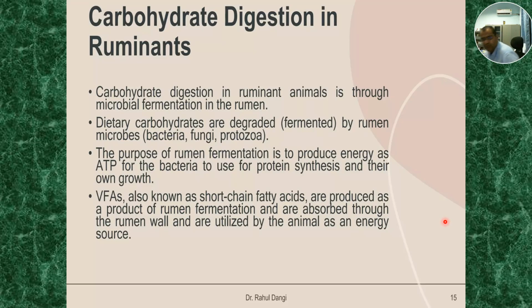So this is a wonderful process in which the most unwanted things of the fodder and feed are converted to beautiful milk, meat, and the dung and urine, especially in ruminant animals. So we need to have an appreciation for such animals which produce very good fat and very delicious milk.